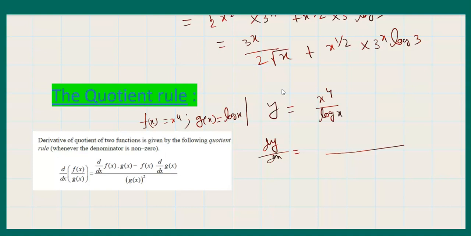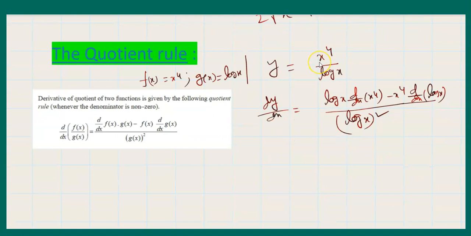So dy by dx will be what? It is log x whole square in the denominator, and numerator log x into derivative of x to the power 4, minus x to the power 4 into derivative of log x. Alright? What is the derivative of x to the power 4? Like x to the power n, n x to the power n minus 1.